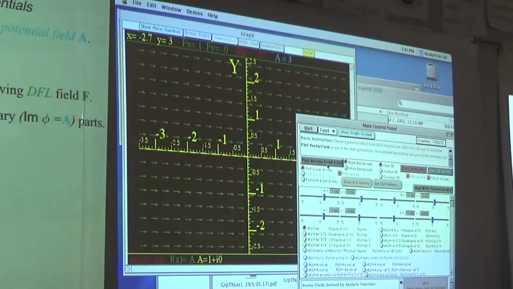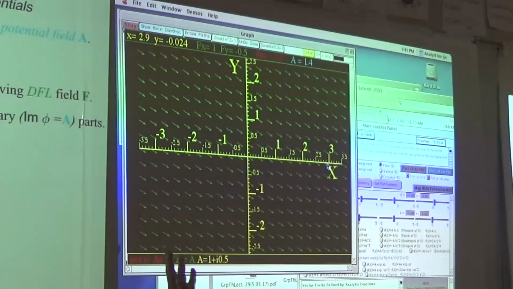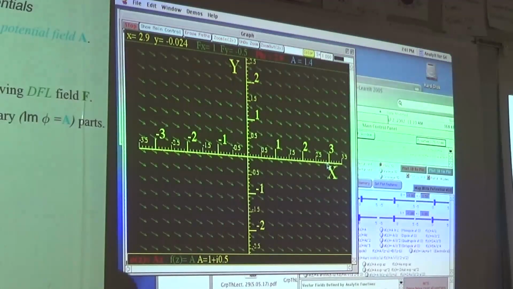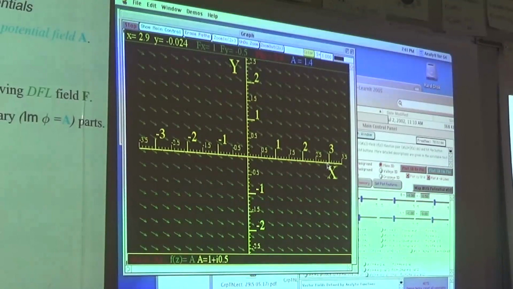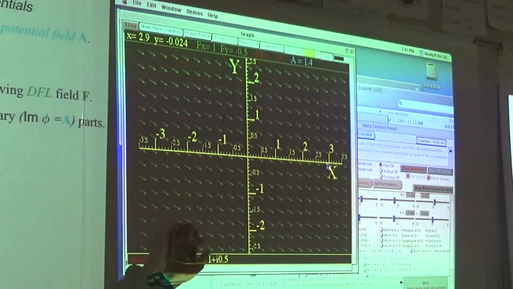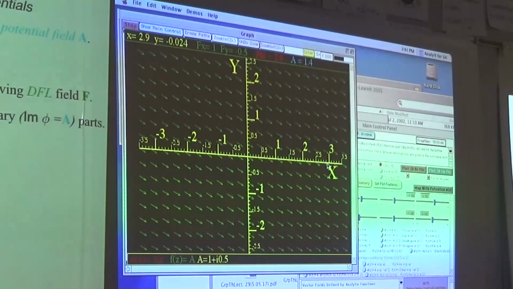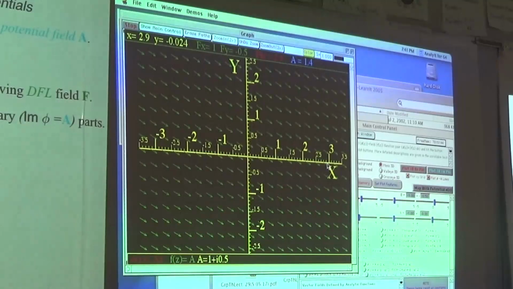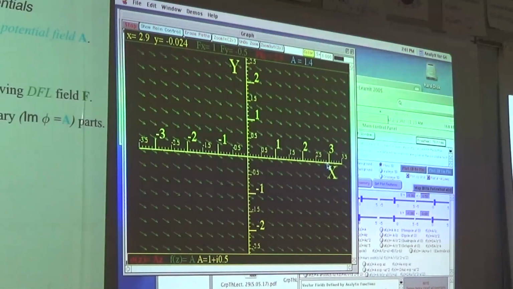If I do that and plot the field, well, I get a constant field, but now it's been rotated. I changed the imaginary part a little bit. That tips it down by giving it an extra y component in the negative direction. Remember, this is F star that we're dealing with, so it goes down when I put a positive A. If I put a negative A in there, it would rotate the left-handed way.